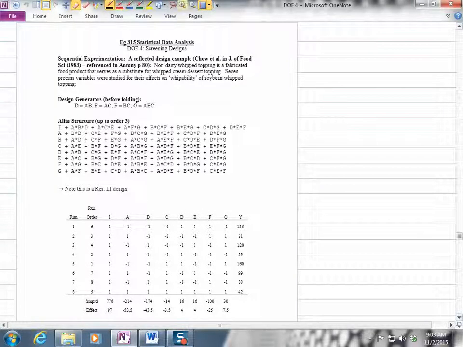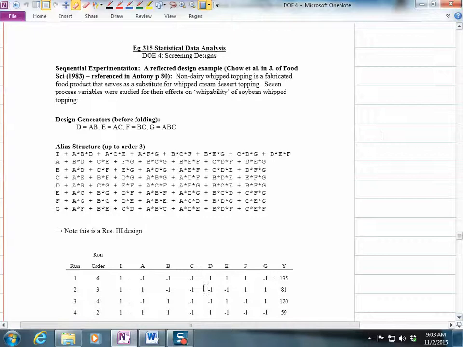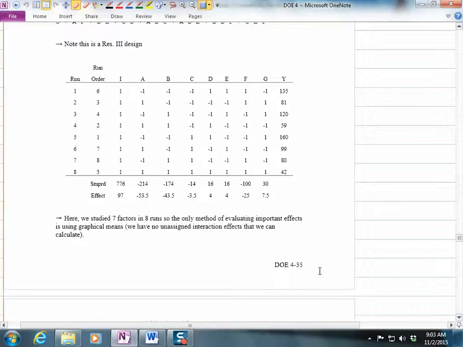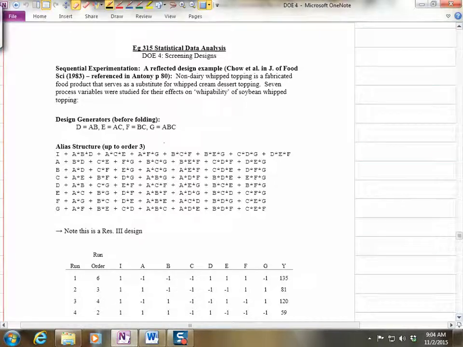So I've jumped back, I think, a couple pages in notes just to review the example we were talking about. Everyone here, page 35. Okay, so we were looking at this situation. We had this reflected design, and so initially we studied 7 factors in 8 runs.